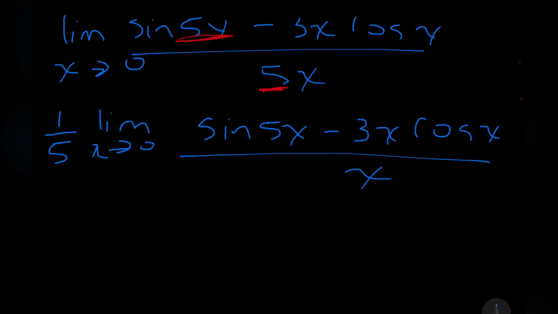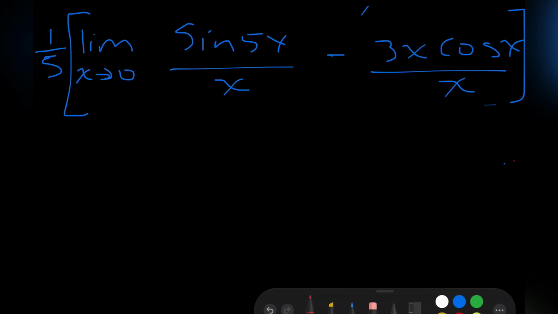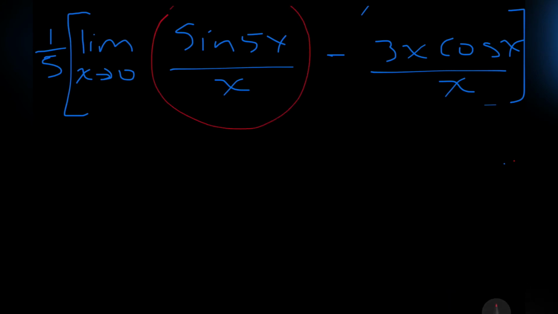Our next step is to split the function into two functions. Now, we already know that this function will be 5. We have been doing examples like this for a while, so we know that we're going to divide by 5 and multiply by 5, and this will be 5. So let's just write that 5.